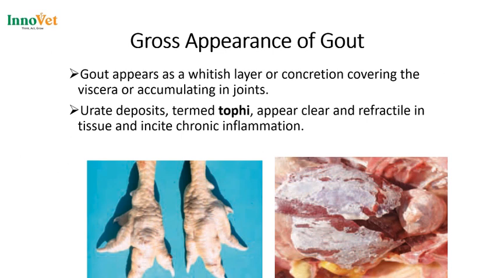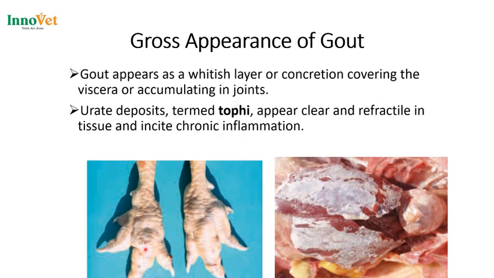In this particular slide, we are able to appreciate both articular and visceral gout. As we said before, gout appears as a white layer or concretion covering the viscera or the articulating joint. The deposits are also termed tophi, and they are clear, refractile in the tissue, and they also incite chronic inflammation.